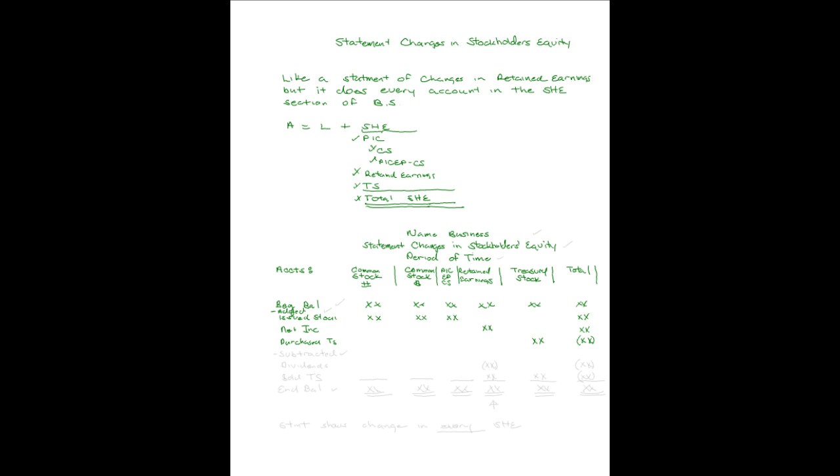Then I would start with the things I subtracted, because I've already done the things I added into those various accounts. What have I subtracted? Well, if I paid dividends, that's going to come out of retained earnings, so I would show that here. And that would be the only place it could show up, so I would put it here. Maybe I sold some treasury stock.